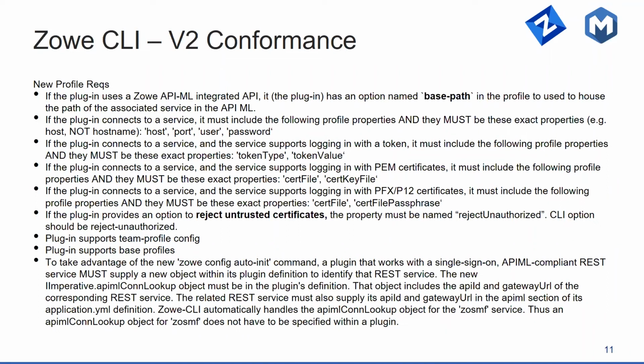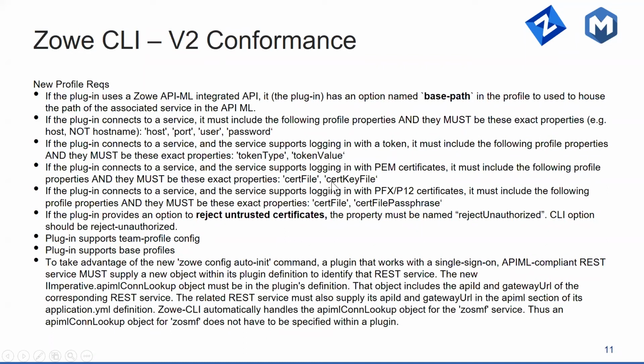So, for example, if 3 services share the same host name, they're running on the same LPAR, you can group them underneath LPAR1, and you can put the host property and it'd be shared amongst those 3 services. If one uses host, one uses hostname, and one uses something else, you'd have to list all 3 of those, and it'd get complicated. So that's why we're more strict on the names of these properties.